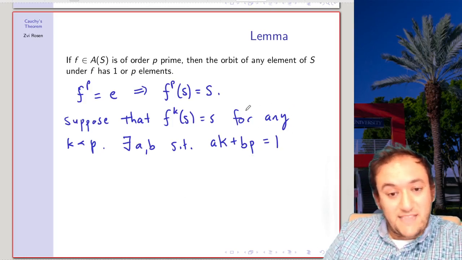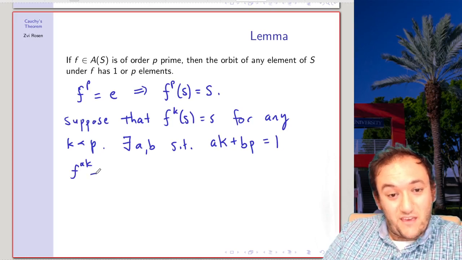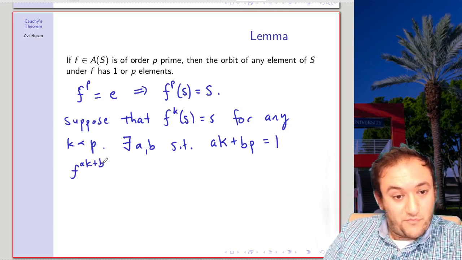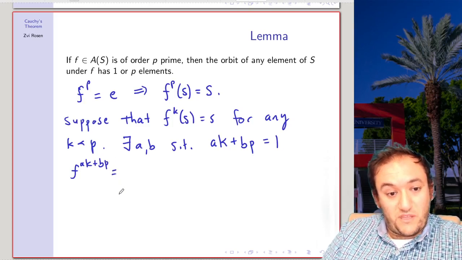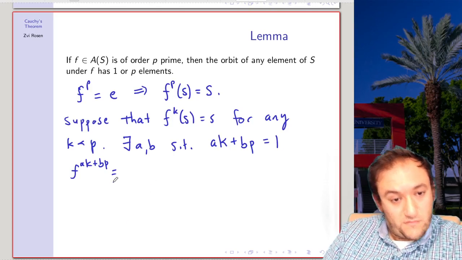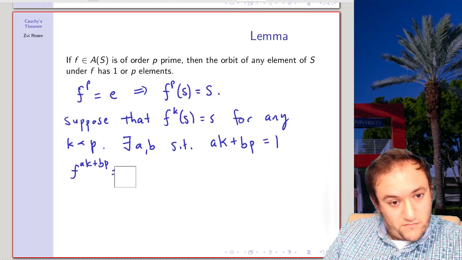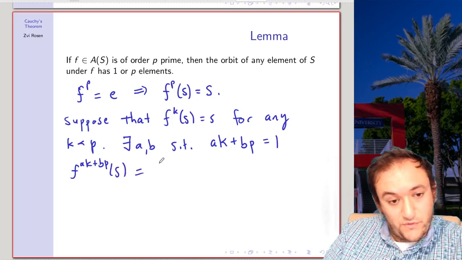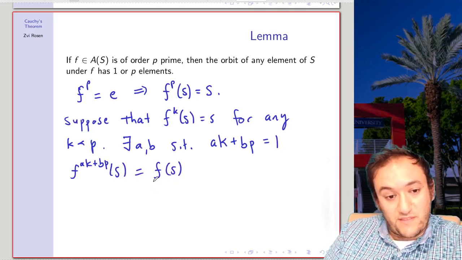But that means that f to the ak plus bp of s will be equal to f of s, since that's just equal to 1.